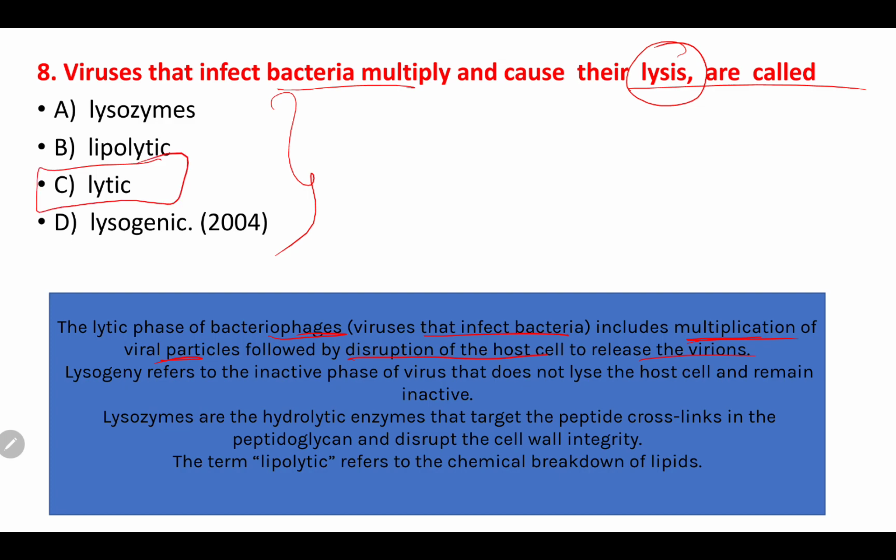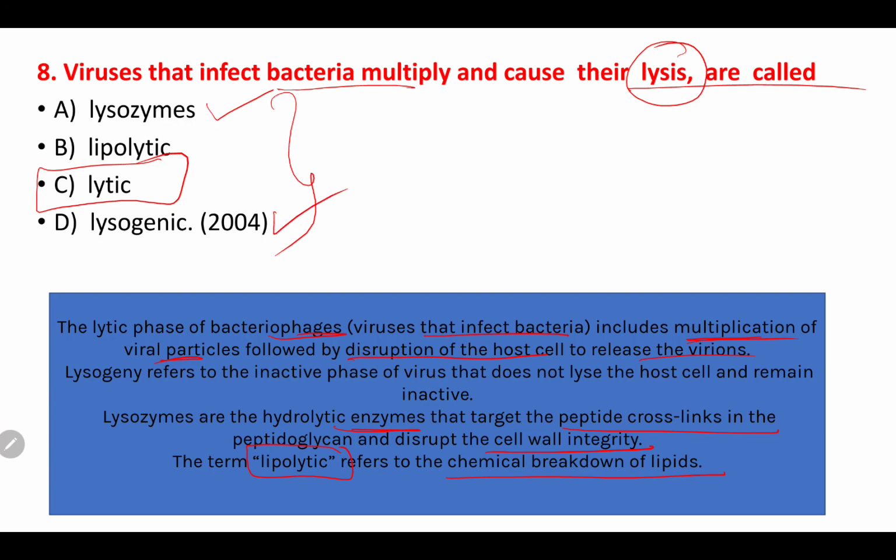Now let us move on to the other options, lysozymes. Lysozymes are hydrolytic enzymes that target peptide crosslinks in a peptidoglycan and disrupt the cell wall's integrity. Next is lipolytic. Lipolytic means which acts on lipids, so it helps in breakdown of lipids.